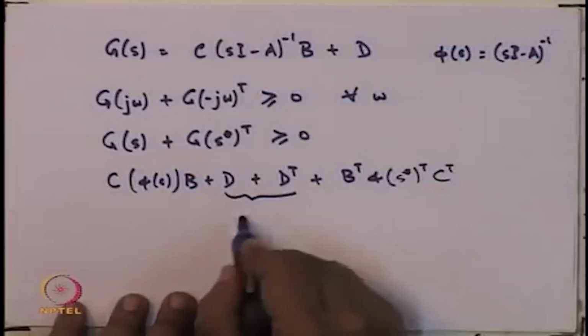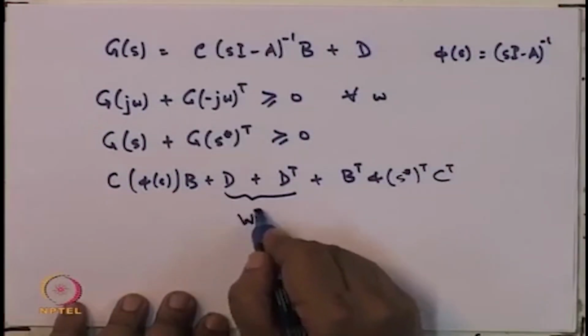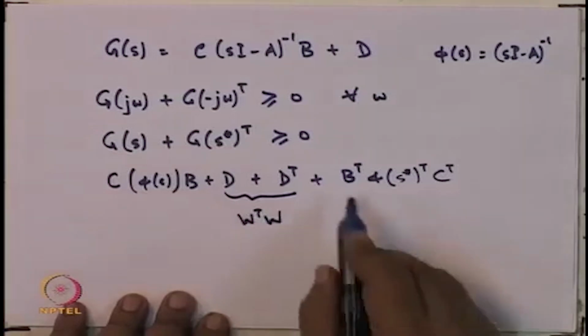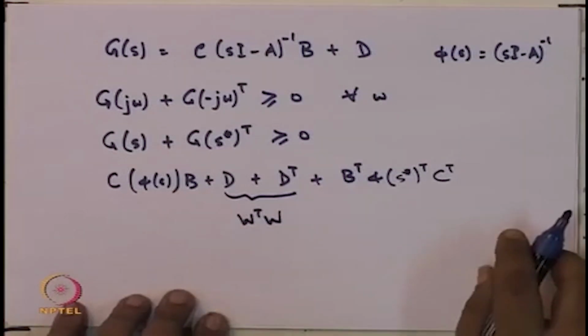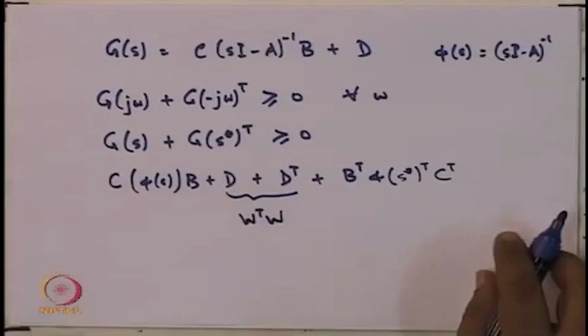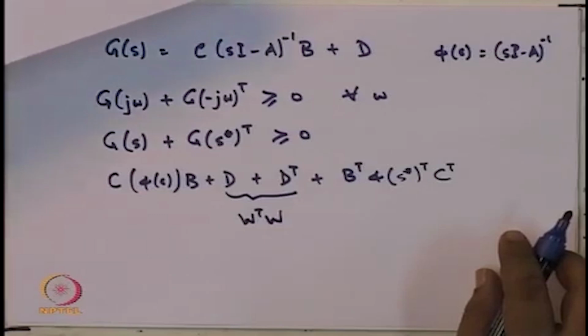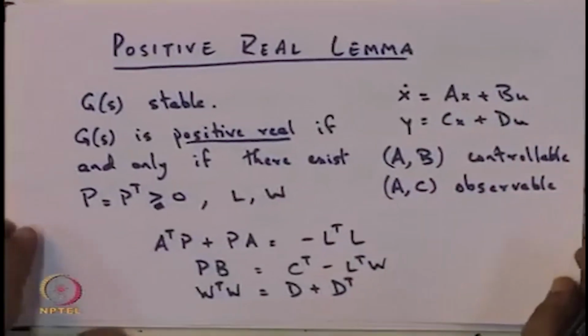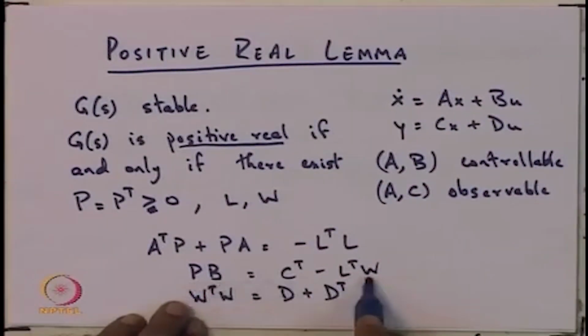So, for this one I can write W transpose W, and there are these other two terms, and what I would do is use this particular second equation. For C transpose I will substitute PB minus L transpose W. Okay.